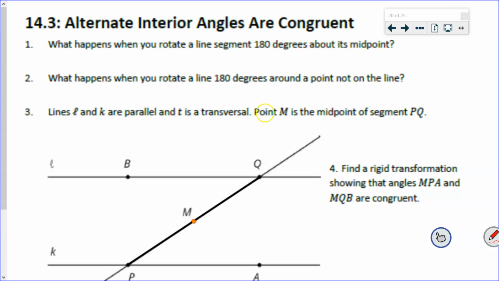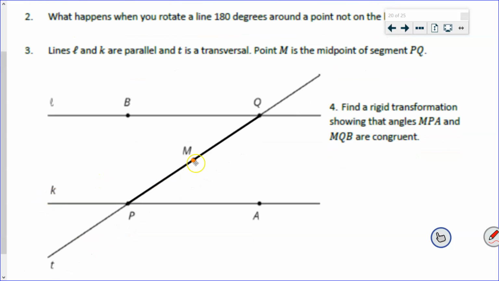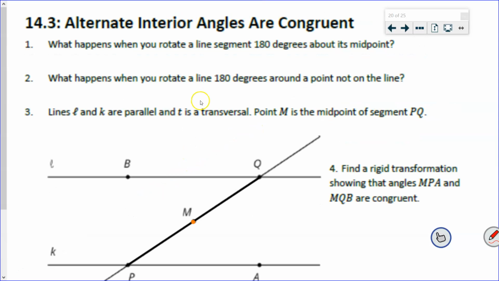To get started, I have had students in person trace on their diagram or on their tracing paper this right here, which is the line segment PQ with the midpoint M. I'm going to skip ahead to where it says lines L and K are parallel, T is the transversal, and M is the midpoint of the segment PQ.